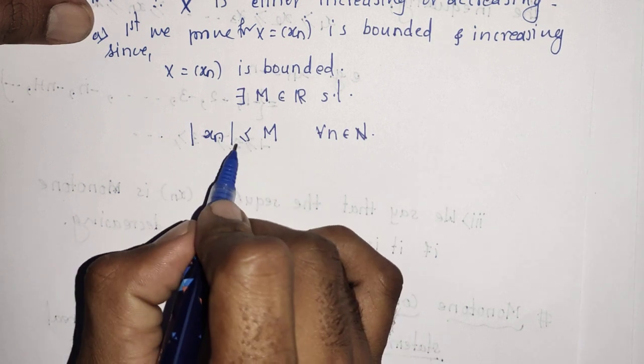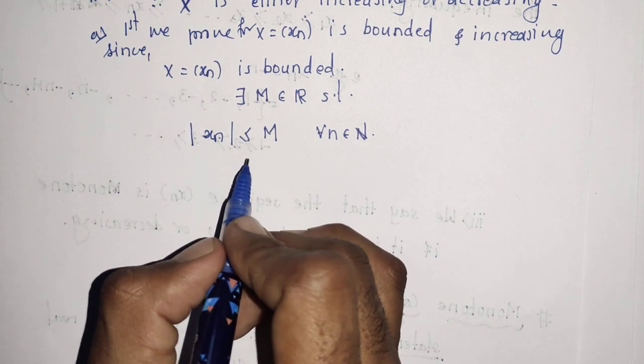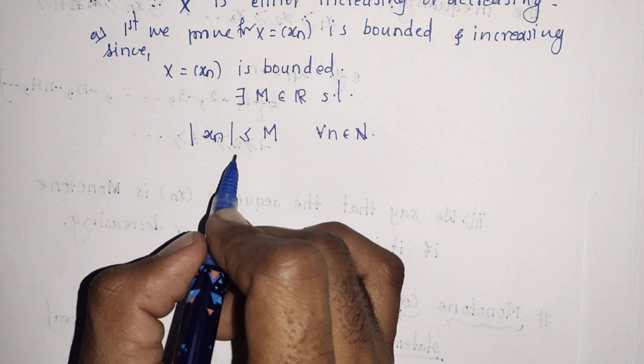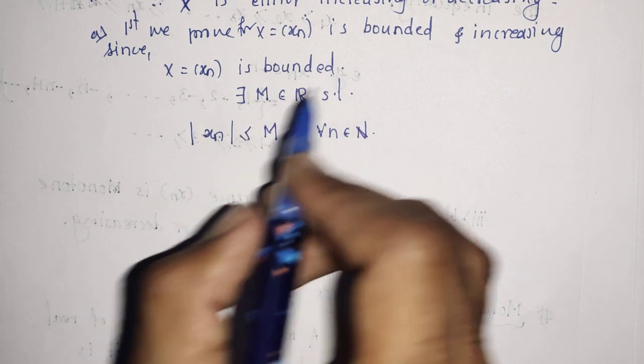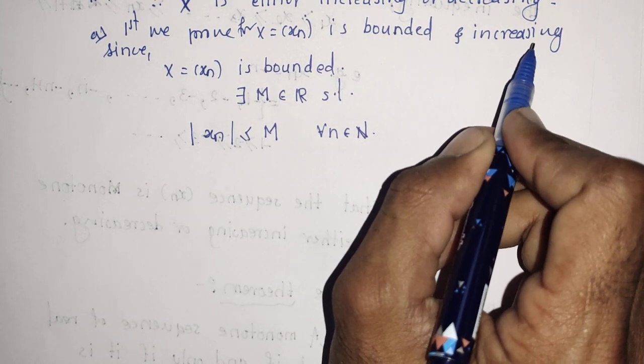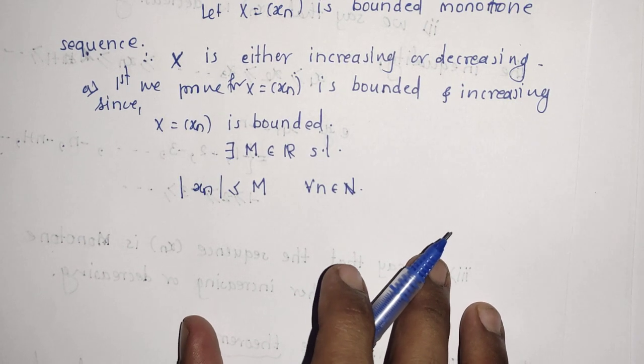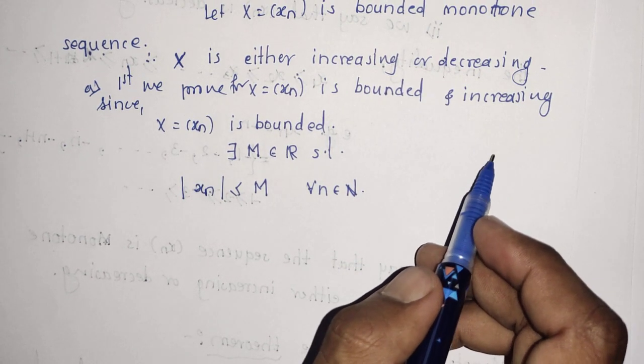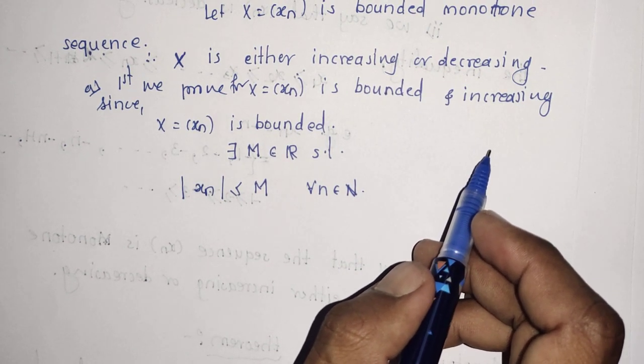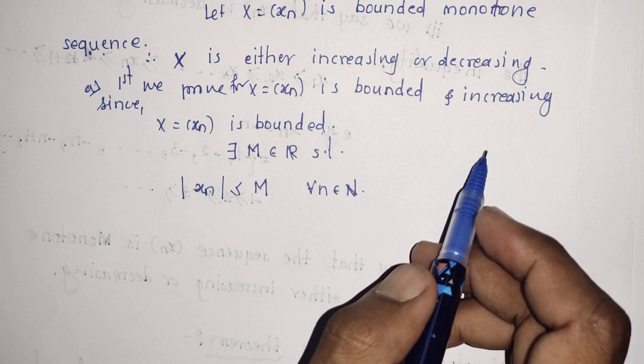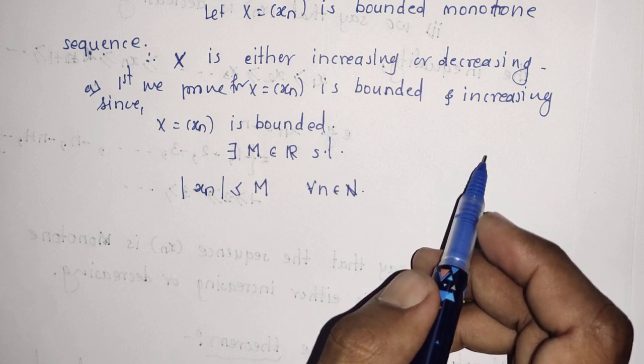Now we know that mod xn less than or equal to m means this sequence is bounded, and it is increasing. So by using the completeness property we can write that this sequence has a supremum. Every bounded increasing sequence has a supremum.